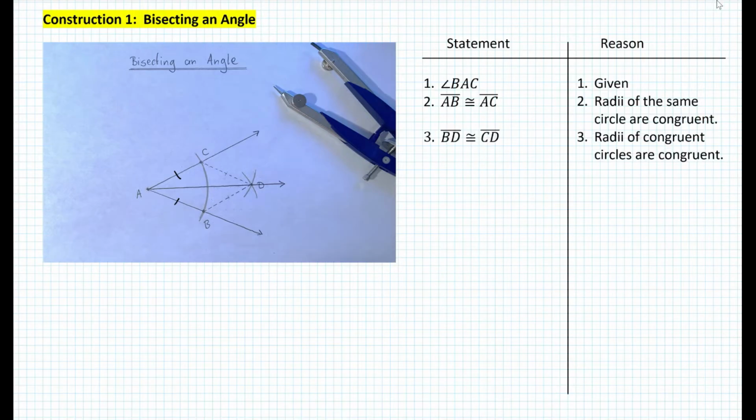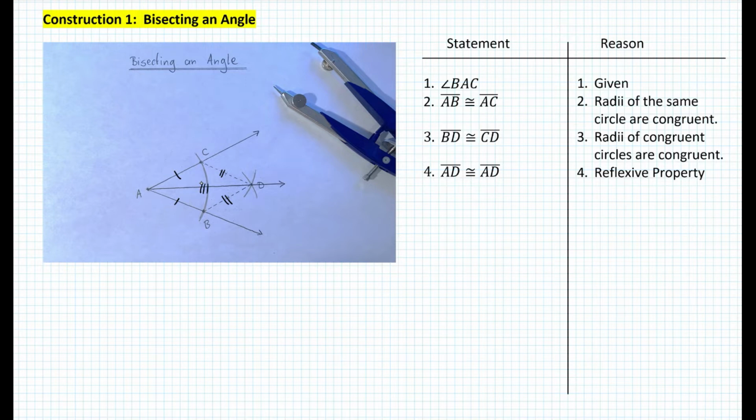So segment BD is congruent to segment CD because radii of congruent circles are congruent. So let's denote that also in the diagram, that we have this segment congruent to this segment, and there's another segment that is congruent to itself, which is segment AD. So let's write that in. So segment AD is congruent to itself because of the reflexive property, so we can denote that in the diagram.